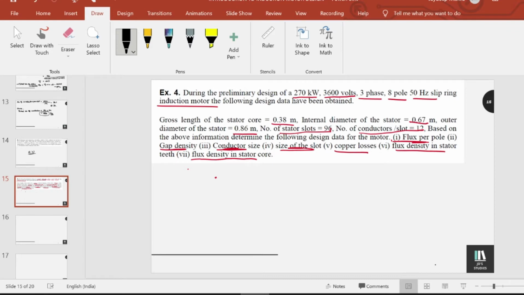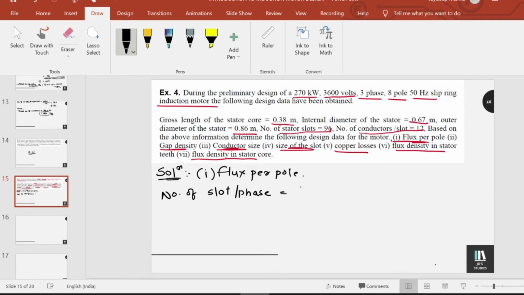Solution. First is flux per pole. We have the number of slots, so first of all we will find the number of slots per phase.